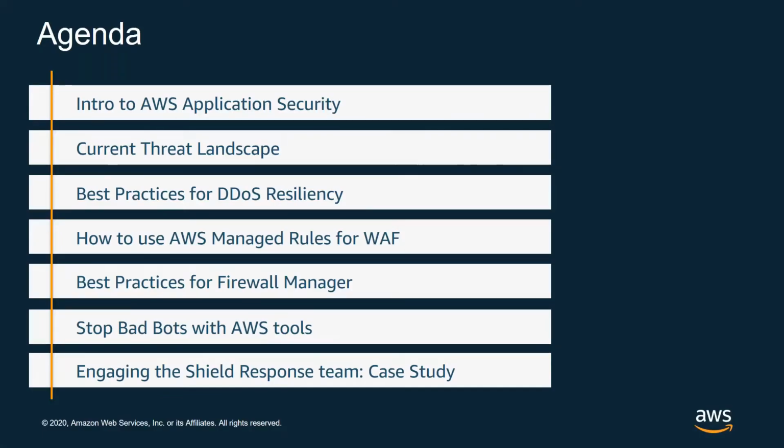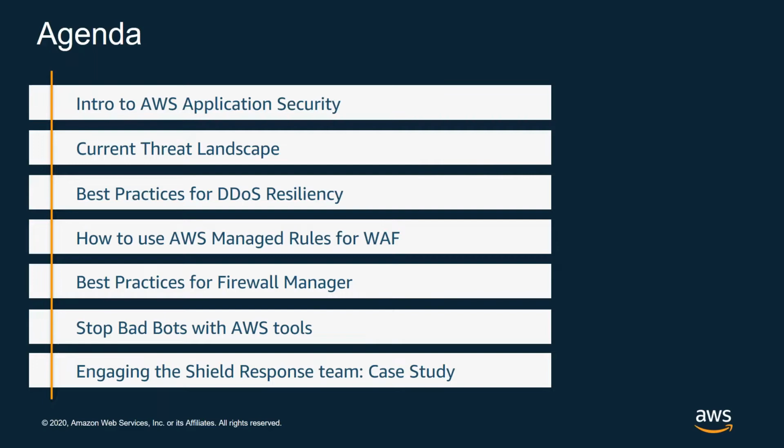So to take a look at what we're going to be talking about today, we're going to start with just a high-level introduction of what AWS application security is, what the current threat landscape is, and what are some of the different types of attacks or other types of exploits that you should be thinking about when you are protecting your web application.